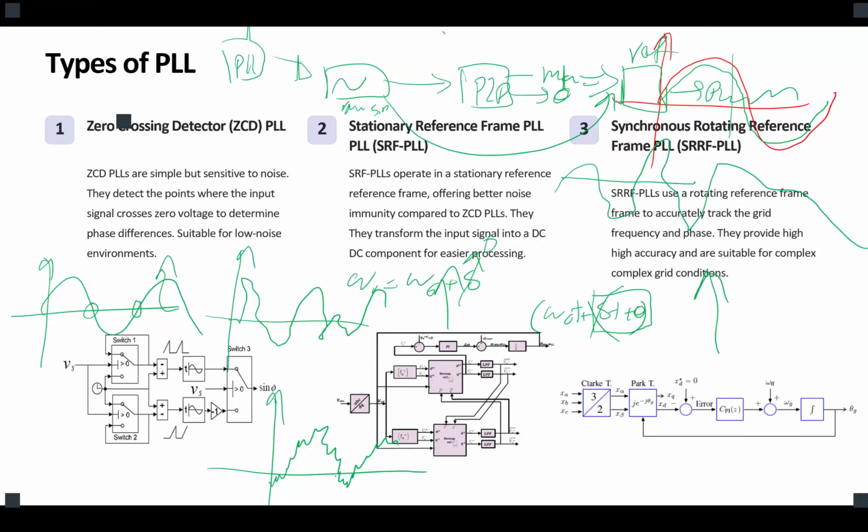Now, to answer that problem, we introduce another method named the stationary reference frame PLL.